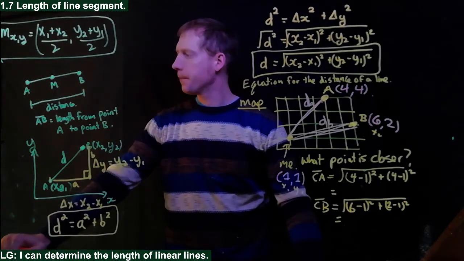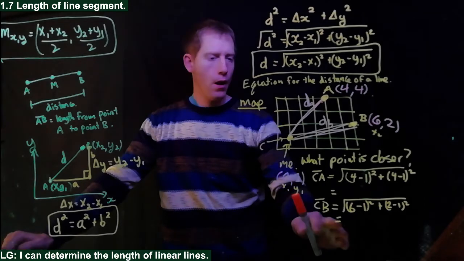Nick, can you use your calculator? What is the answer for between CB? And then Jenny, what is the distance between this one right here? Can you put this in your calculator? What do we get? You guys can all be doing it.